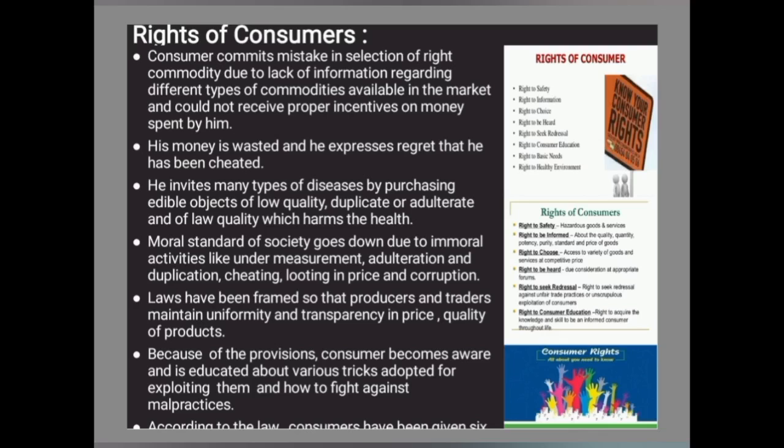Because of the provisions, the consumer becomes aware and is educated about various tricks adopted for exploiting them and how to fight against malpractices. Many rights have been granted for understanding various solutions under this Act.